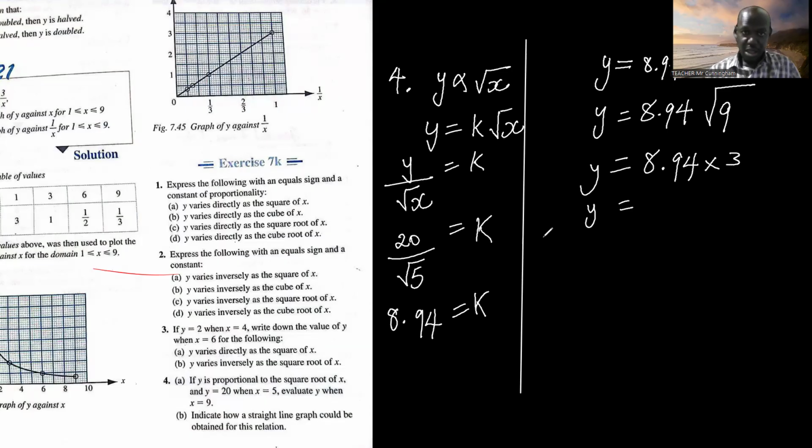Darius, yes, correct. So our value, 8.94 by 3, gives us a value of 26.82. Very good.